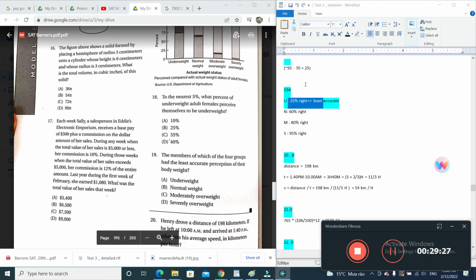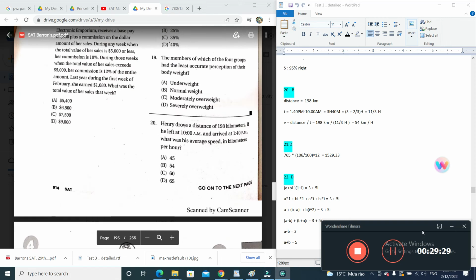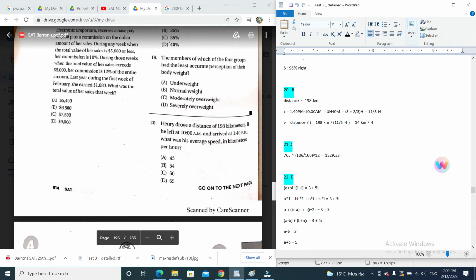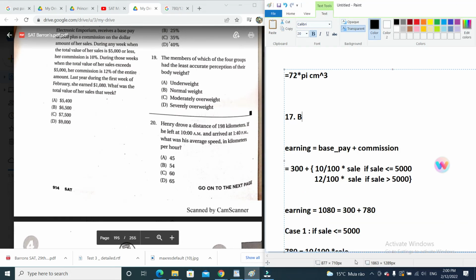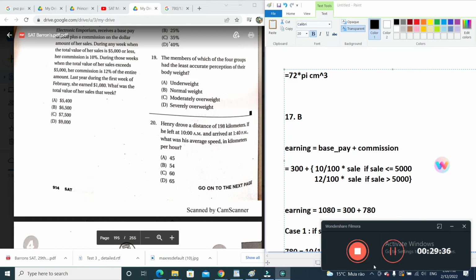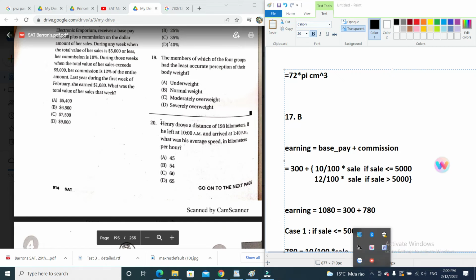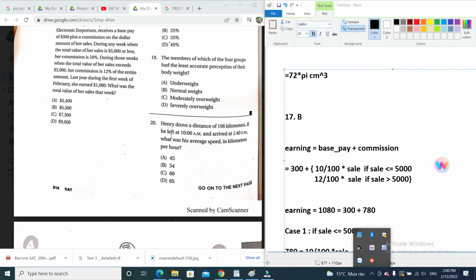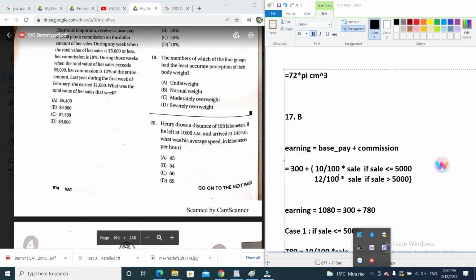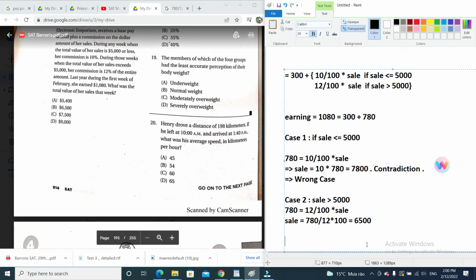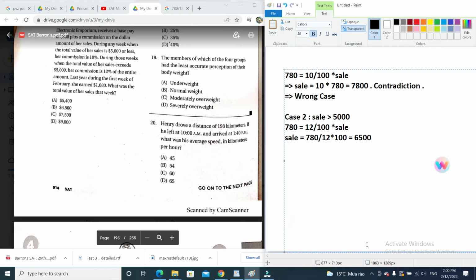Okay, so he drives 198 kilometers, and he left at 10 a.m. and arrived at 1:40 p.m. So his total travel time is 1:40 p.m. minus 10 a.m.